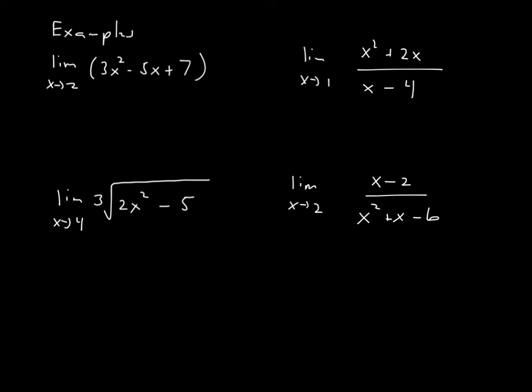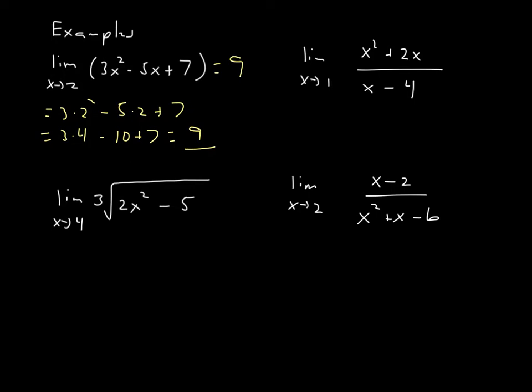So I know in this case that this limit is going to equal 3 times 2 squared minus 5 times 2 plus 7. And so I'm going to get 3 times 4 minus 10 plus 7, which is going to give me 12 minus 4, plus 7, will give me 9. So in this case, the limit on this particular problem is 9.